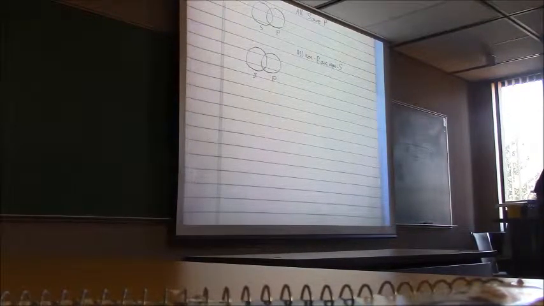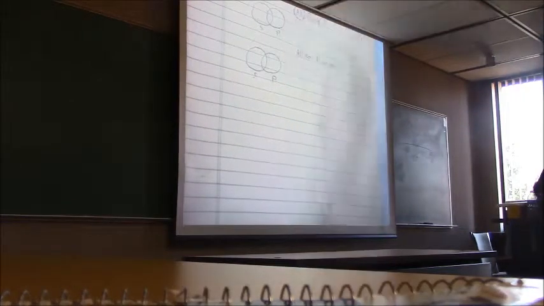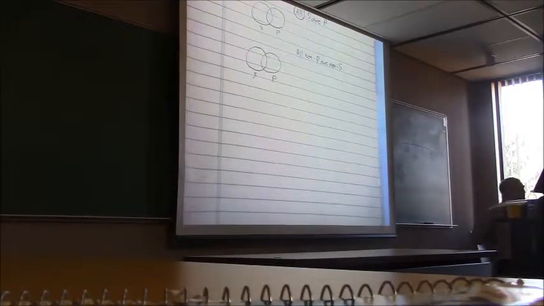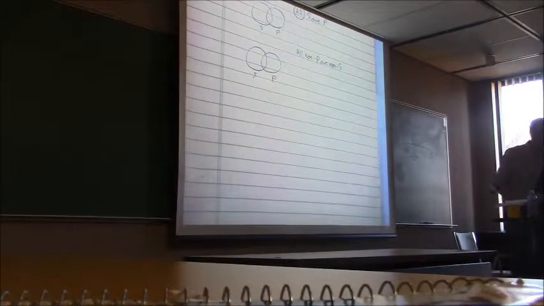Now, how do we diagram all SRP? Well, first of all, the very first word tells me that I'm going to be doing what? Shading. Why does the first word tell me that? That's right, because if it's universal, you shade.